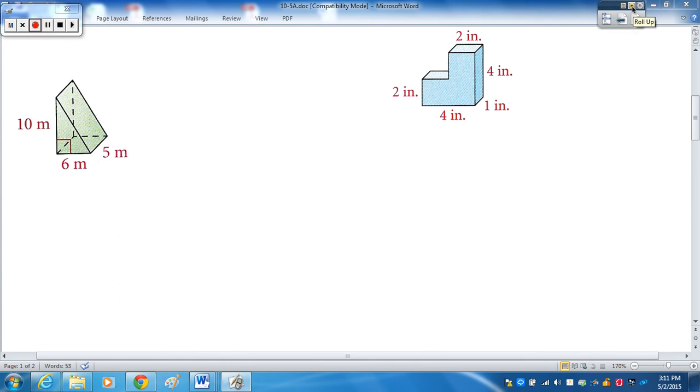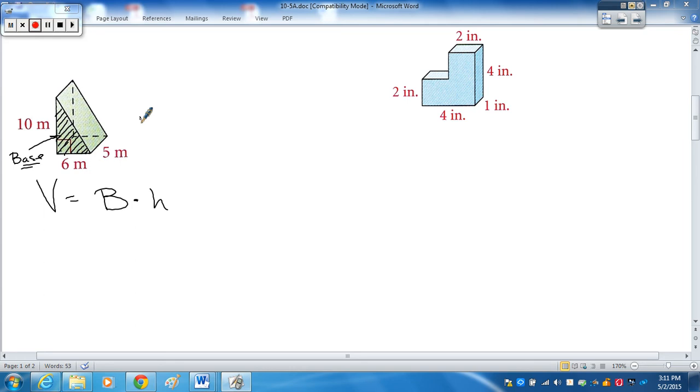Well, first of all, you're probably going to want to ask yourself, what is the base of that triangular prism? And we've talked about this several times already. The base is the triangle. So I'm going to have you shade in that base. Even make a note, here's my base. There it is. Okay, and I have to find the area of that.